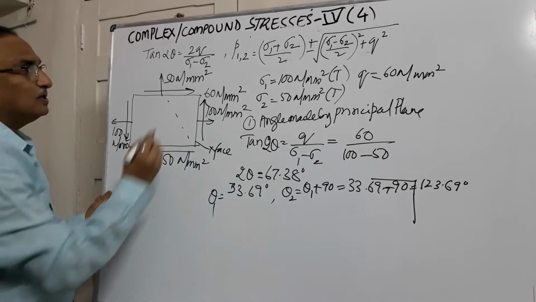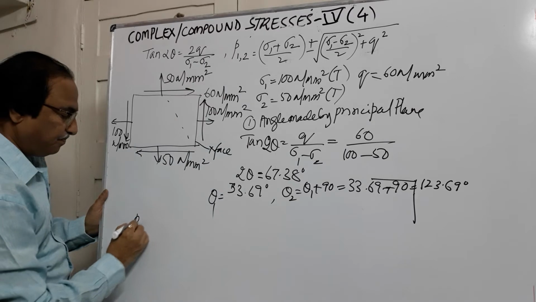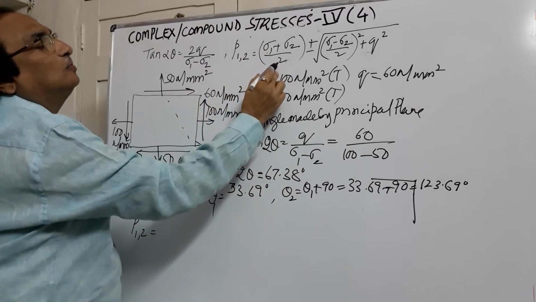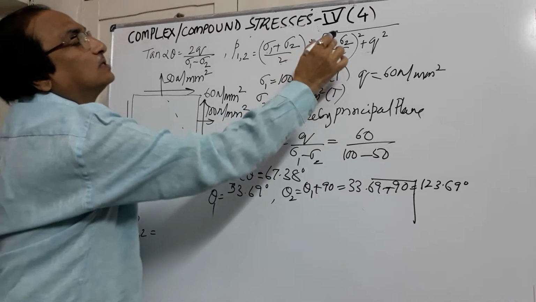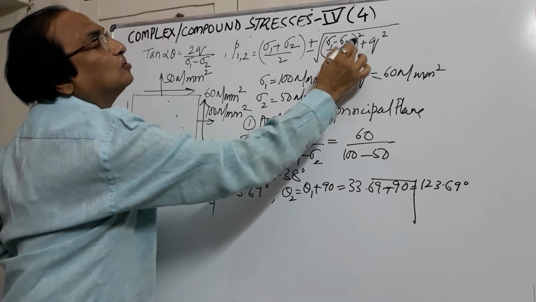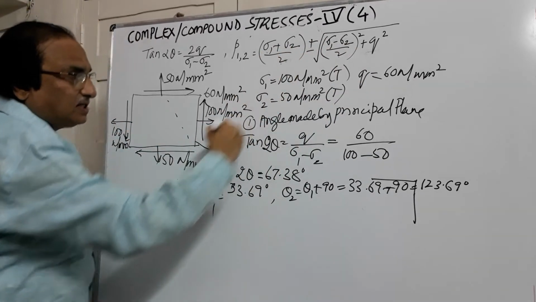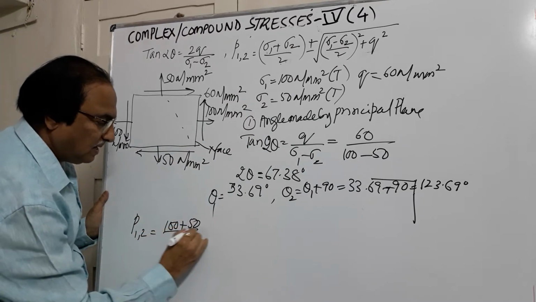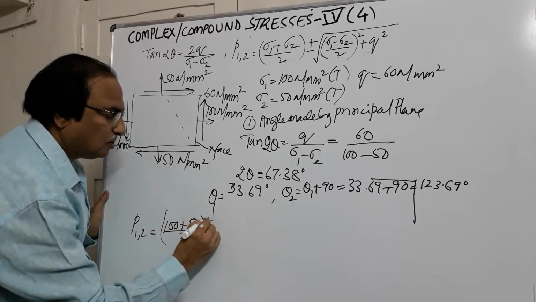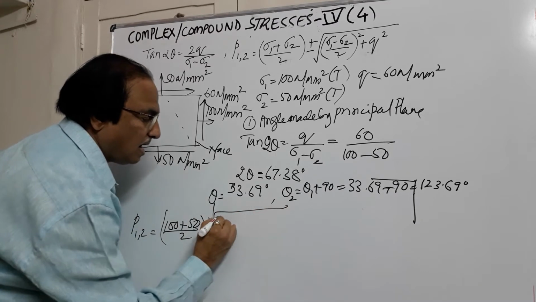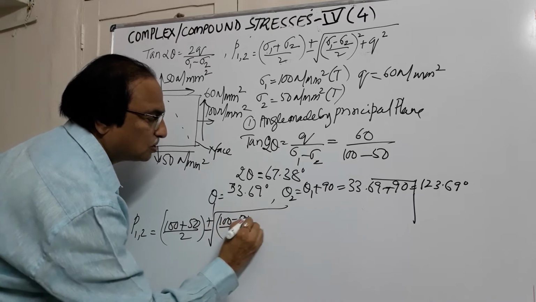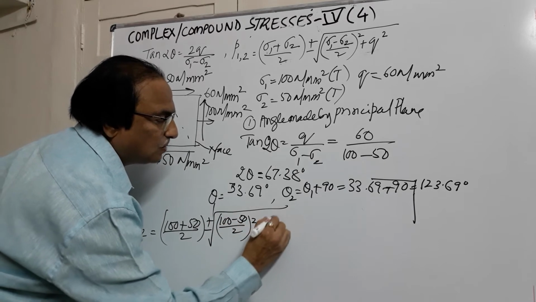Now we will go for the principal stresses. P1, P2 is given by sigma 1 plus sigma 2 by 2 plus or minus under root of (sigma 1 minus sigma 2 by 2) whole square plus q square. If I substitute the values here, it will be 100 plus 50 divided by 2 plus or minus the root of (100 minus 50 divided by 2) whole square plus 60 square.